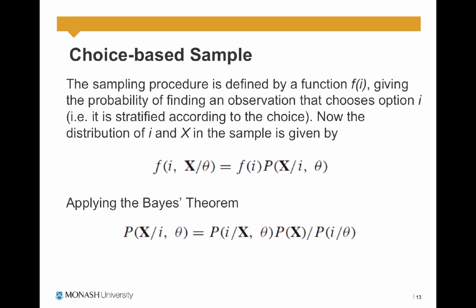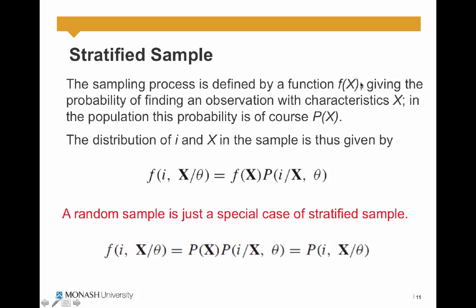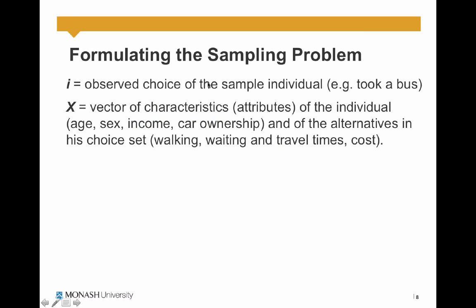So in a choice-based sample, again, it is very similar to the stratified sample. However, the sampling process is not anymore represented by fx, which is a function of the attributes. Rather, it is a function of the choices. Remember, I was representing the observed choice. It's a choice-based sample.